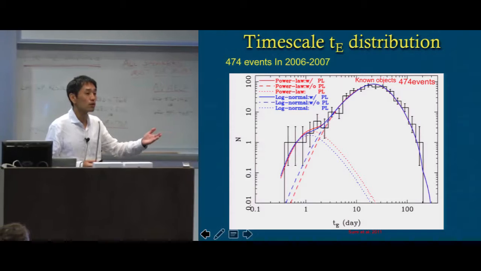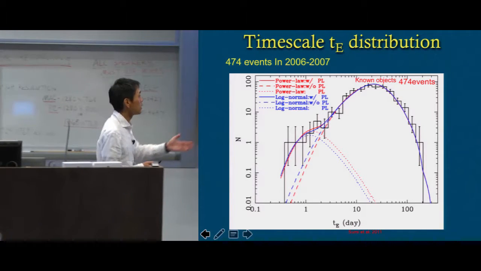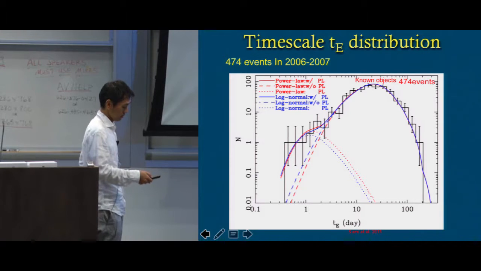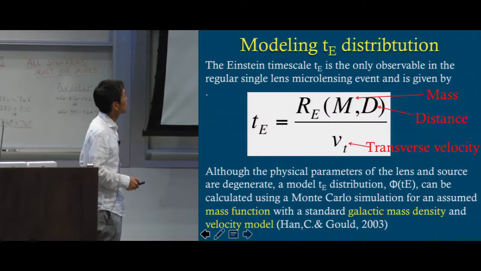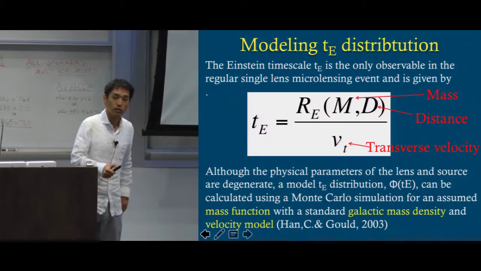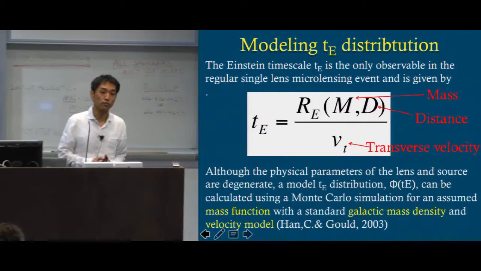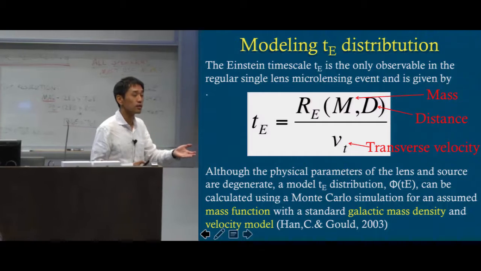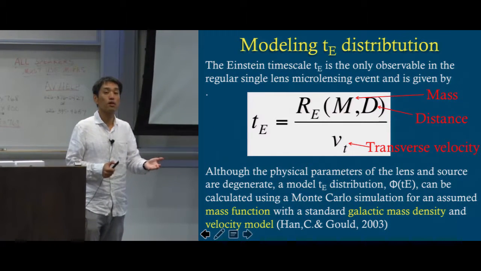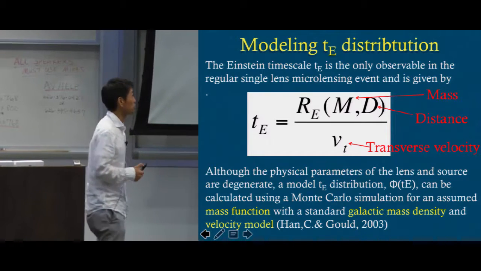So we wanted to know the reason for this excess of short events. So we'd like to model the timescale distribution to know what mass is causing such a distribution.